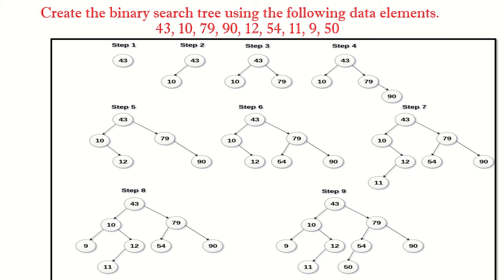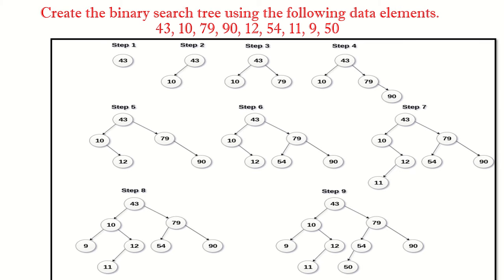That is, a node can be inserted by comparing with the root element. If the element to be inserted is lesser, it has to be inserted on the left side of the node. If the node to be inserted is greater than the node, then it has to be inserted in the right subtree.